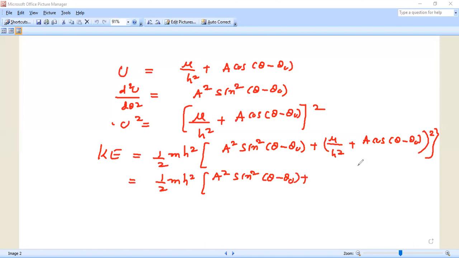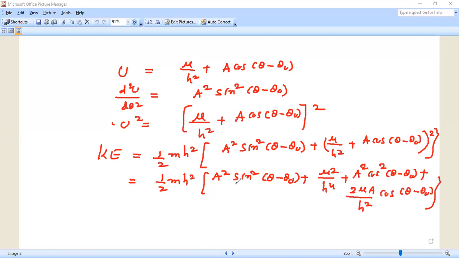It is in the form a plus b whole square. Expand that: mu square by h power 4 plus a square cos square theta minus theta naught plus 2 a mu by h square cos of theta minus theta naught. From these two terms, by taking a square common, sine square of theta minus theta naught plus cos square of theta minus theta naught is 1.